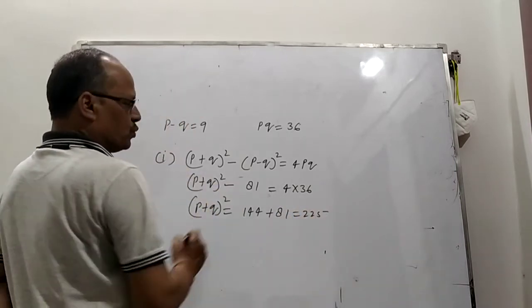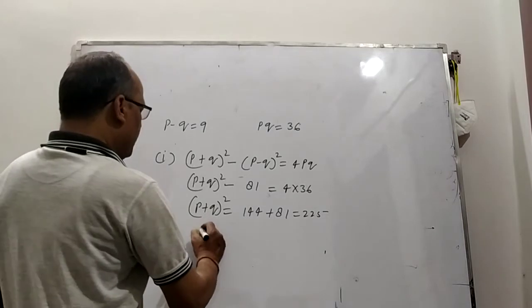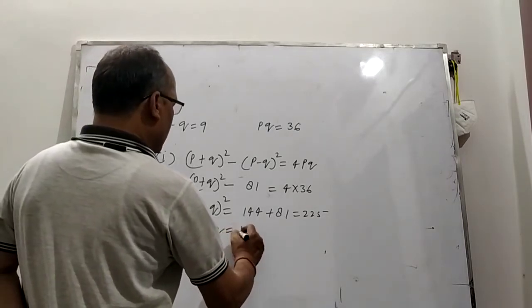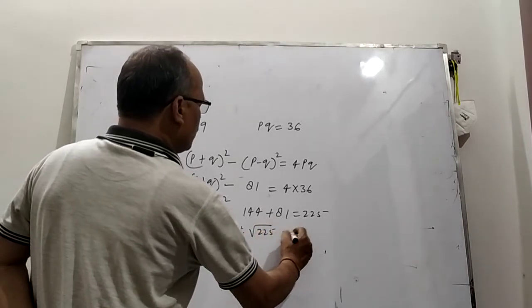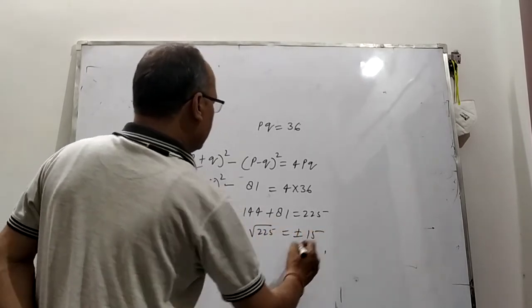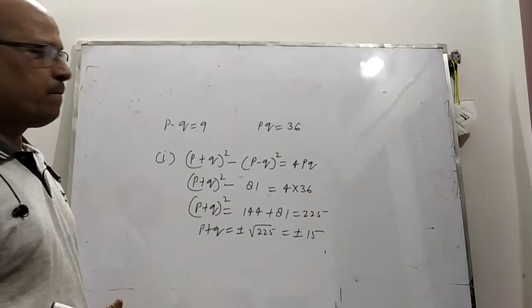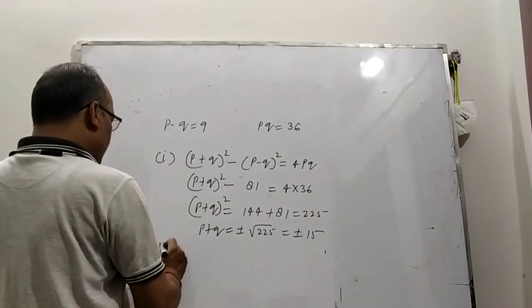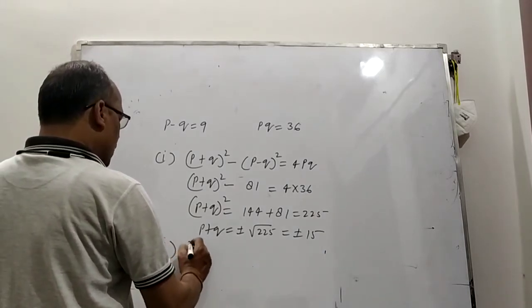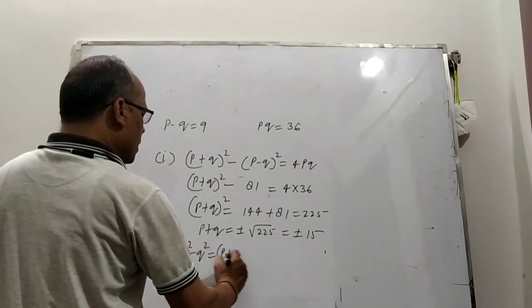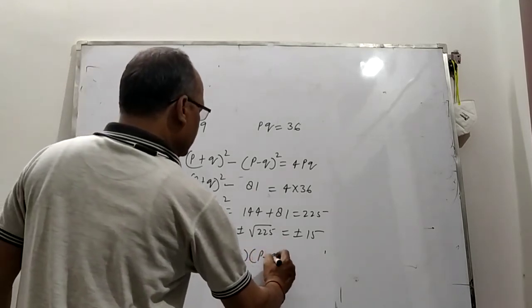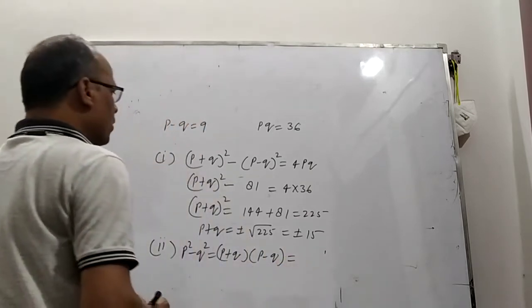P plus Q whole square is clear. So P plus Q equal to plus minus under root 225 equal to plus minus 15. This is clear. Now we'll find the value of P square minus Q square, P plus Q and P minus Q. What is value of P plus Q?